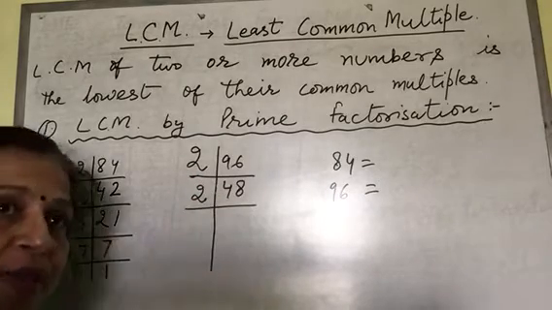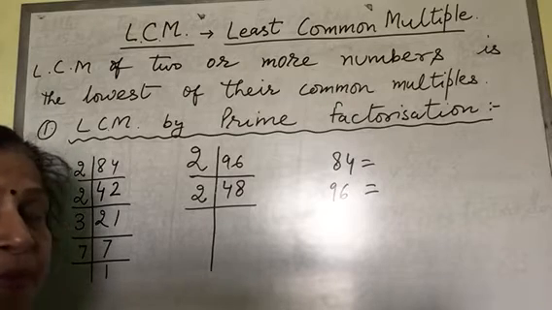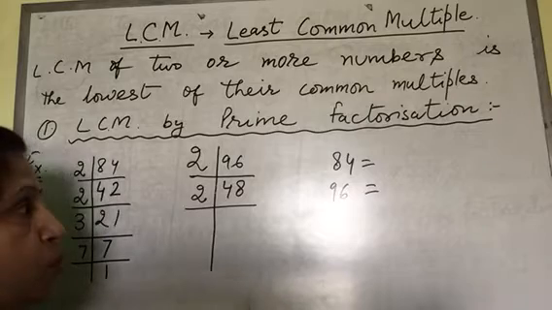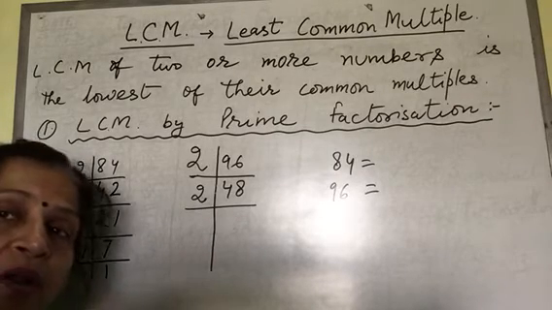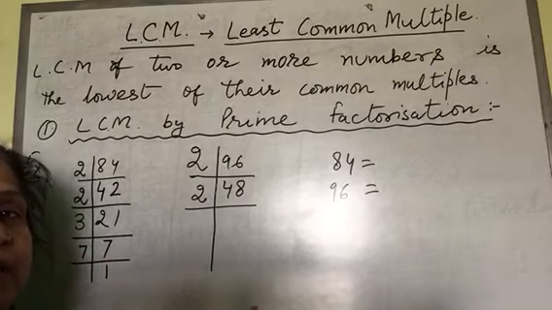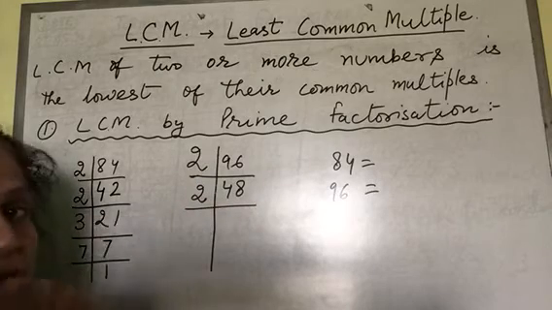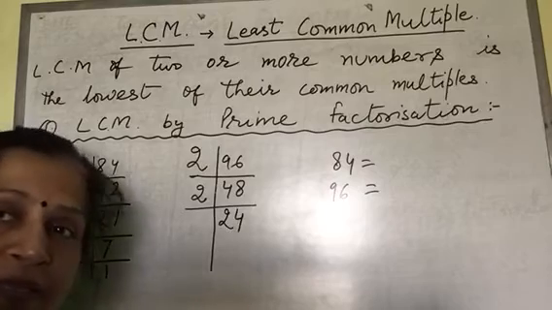So मैं यही करती हूँ कि हमेशा हम छोटे से छोटे prime number से start करें, and the smallest prime number is 2. और जब हमारे पास number even नहीं होता, when we have an odd number, then we find out कि ये 3 से जाएगा, 5 से जाएगा या 7 से जाएगा, then we will check it. Now 48 को 2 से जब आप divide करोगे, you will get 24. 24 again is an even number.